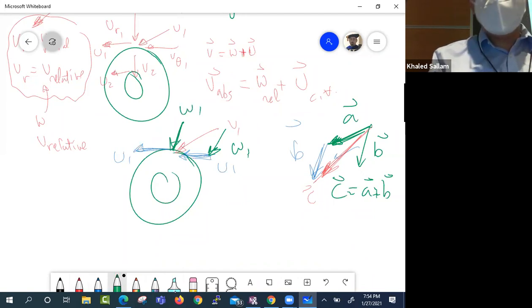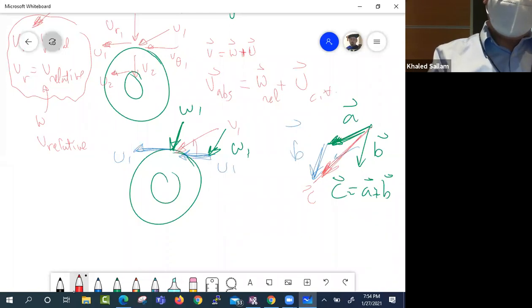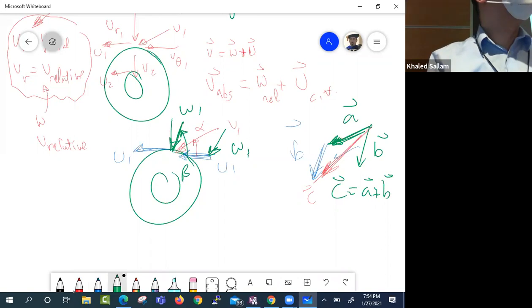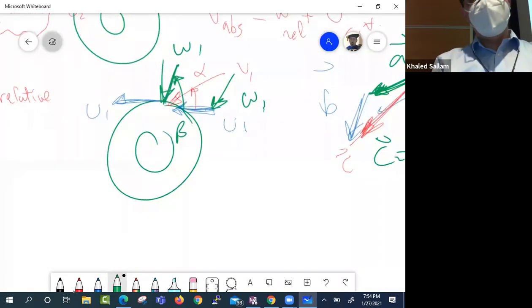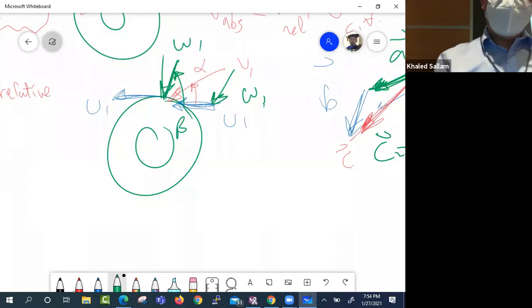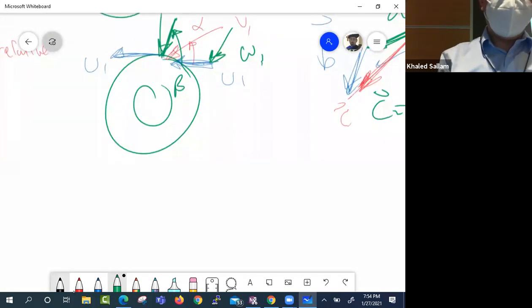This is W1. So what did we call the angle that the absolute velocity makes with the plate, or with the tangential direction? Alpha. And the angle that the relative velocity makes, we call beta. Make sense? So let's draw this a little clearer.